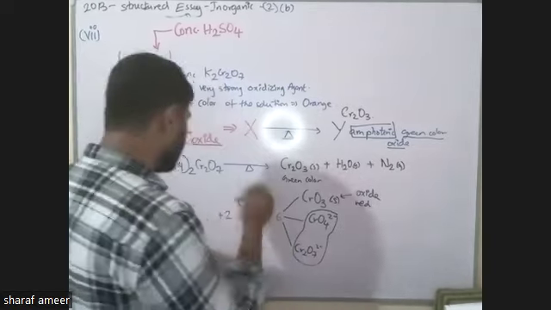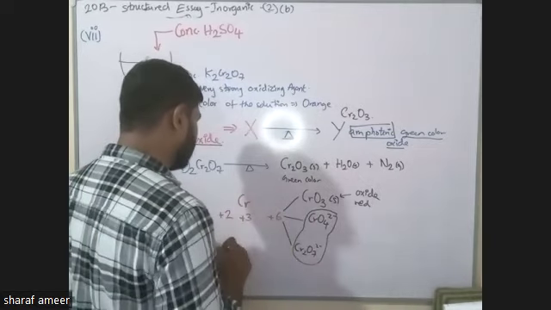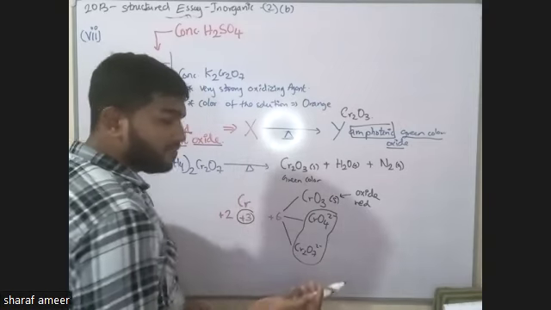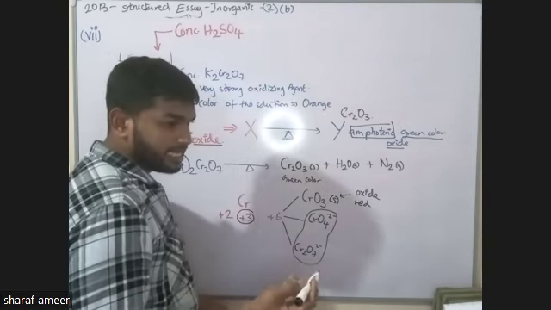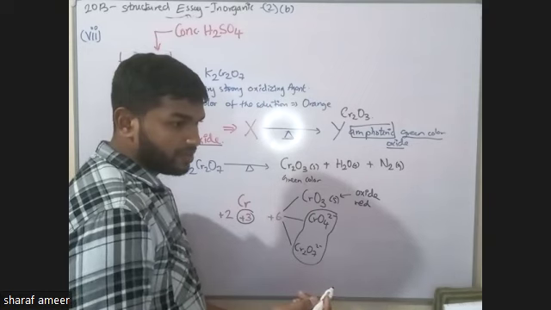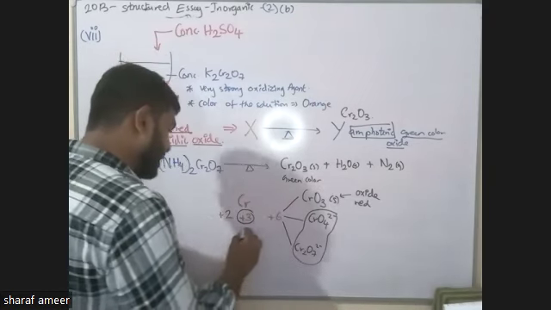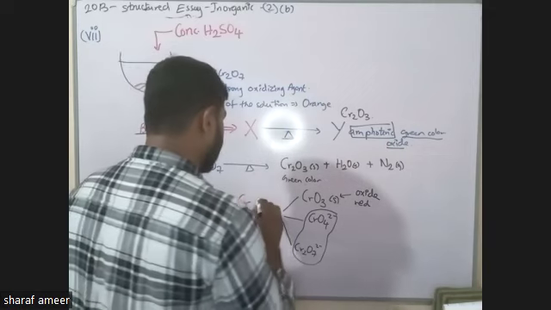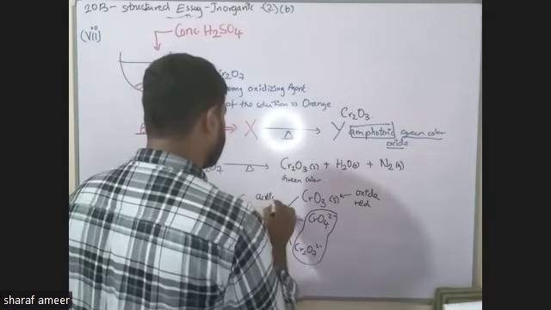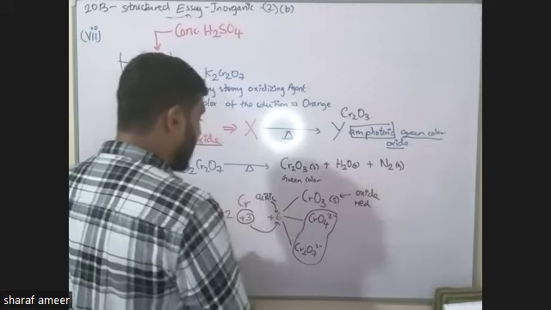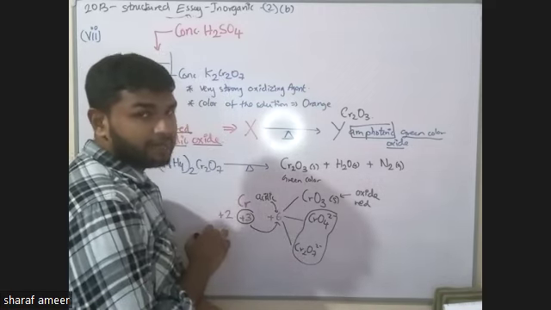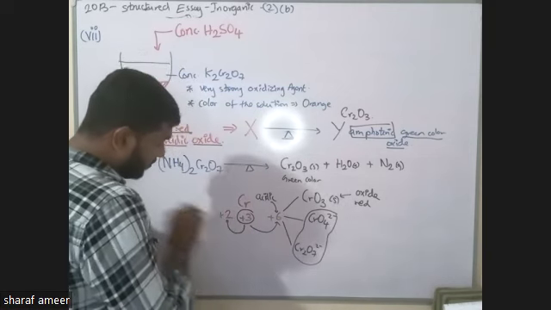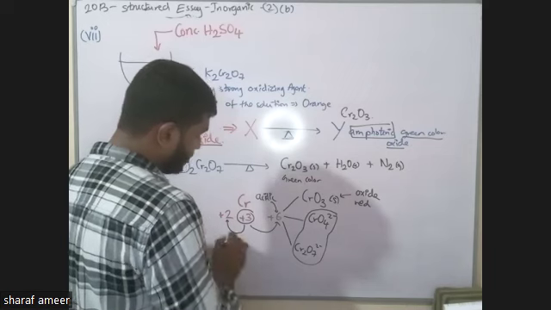As I said in the previous video, once you increase the oxidation number, the acidity will increase, so the highest oxidation state gives the acidic oxide. Going below the amphoteric oxidation state, it is going to be basic.